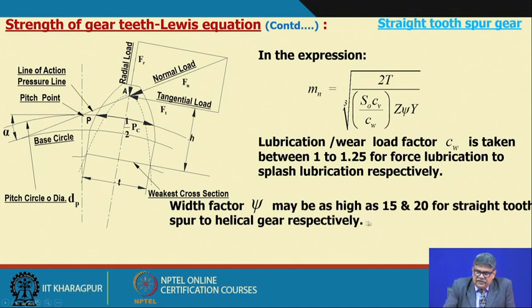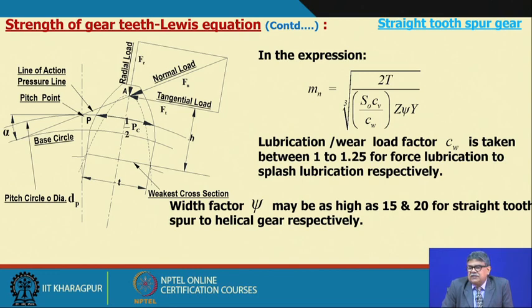Now, the width factor can be taken as 15 to 20 for straight tooth spur to helical spur gear respectively. This means that the higher side is 15 for a straight tooth spur gear and for a helical spur gear it is 20.